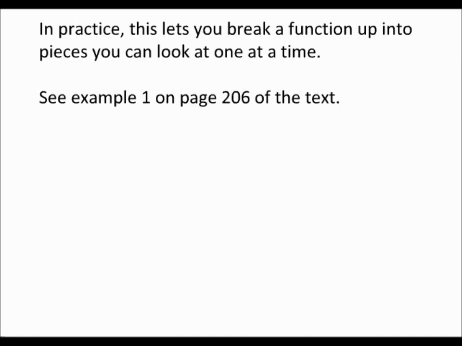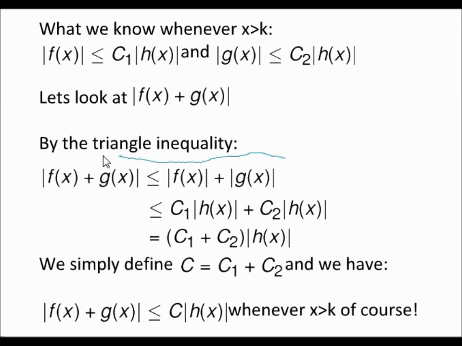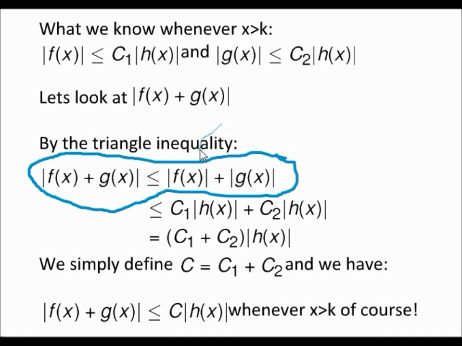Okay, so why is this helpful? Well, think about it. When you look at a math problem, usually is it just one thing, or is it a bunch of things added and subtracted from one another? It's usually some different terms added and subtracted from one another, right? So what that little fudge factor c lets you do is it lets you use the triangle inequality to break everything up into pieces, and then you just have to worry about putting a bound on the pieces.